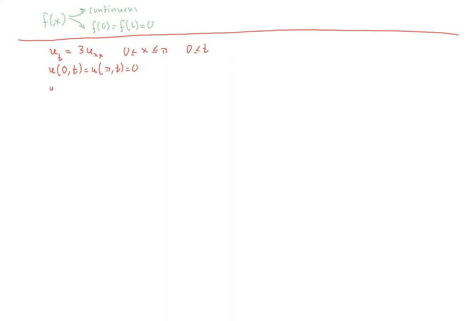And u of x comma 0 is... So now I need a function between 0 and pi which is continuous.